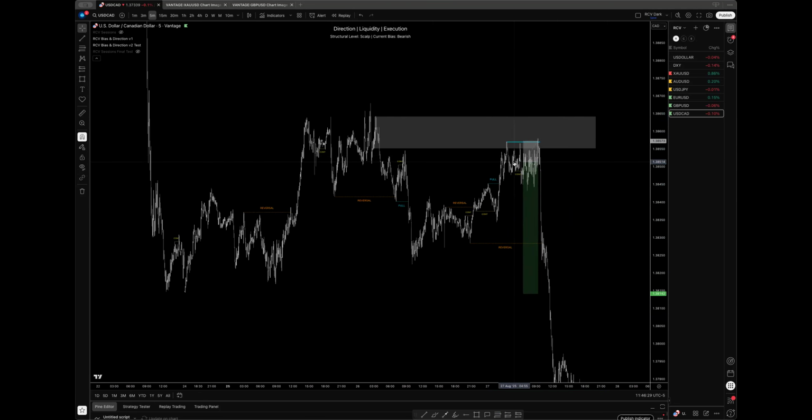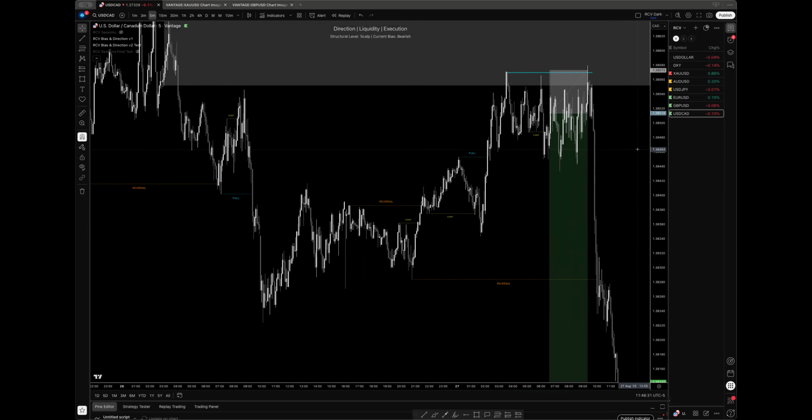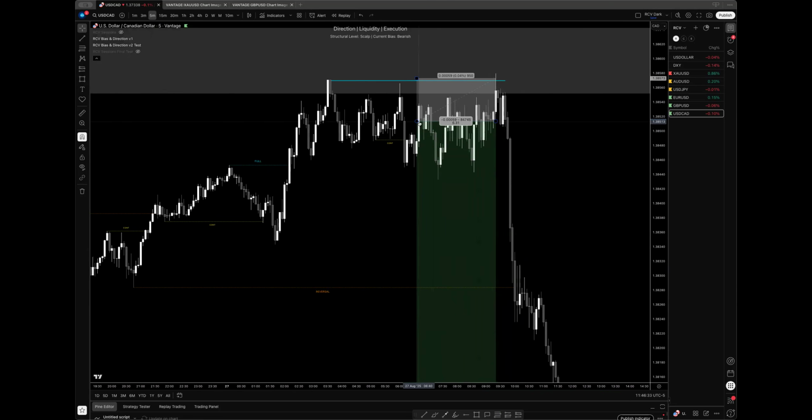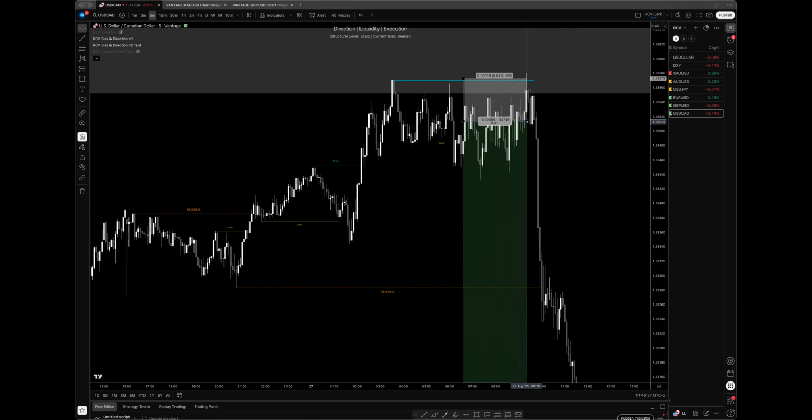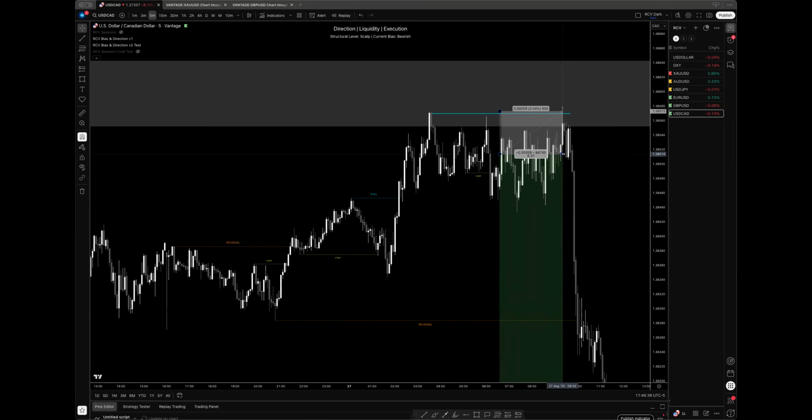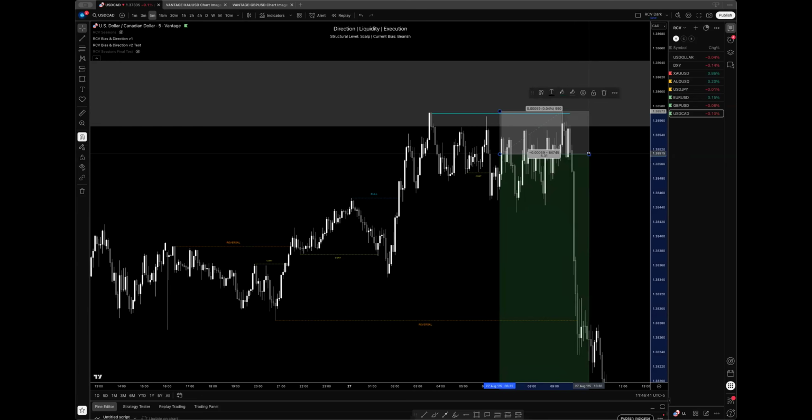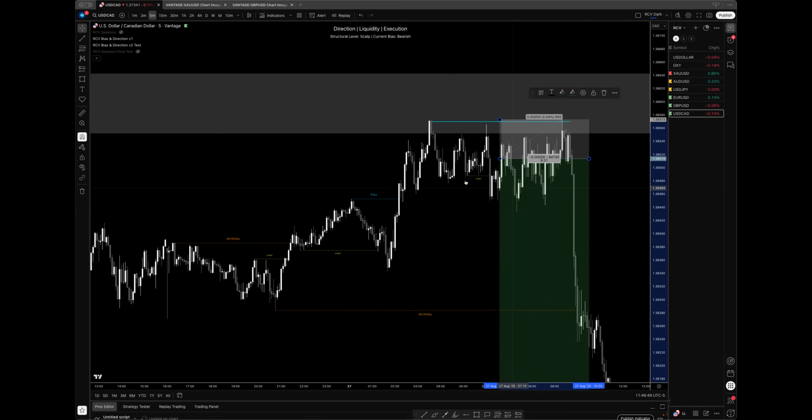We had the internal model, but unfortunately this took way too long to give me that delivery, and this is where it gets a bit tricky, because if I was to see this exact same setup again, I probably would take it. That doesn't necessarily mean it's a bad trade. I'm not too angry about this loss because I did have the justified model in play.